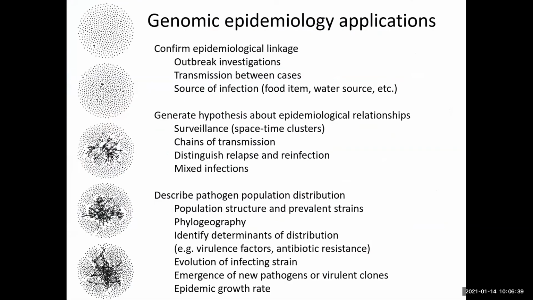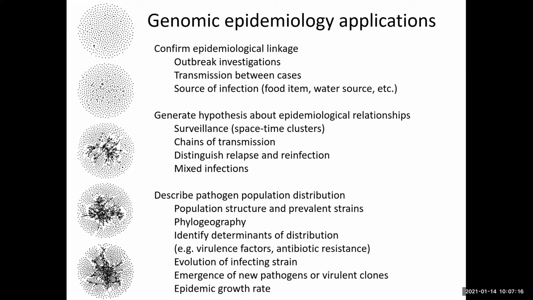Okay, so back to genomic epidemiology. So I think I've said that we now have the technology, okay? We have the analysis tools, the analysis know-how, okay? And we have the computational power to be able to use genomic epidemiology really effectively to understand disease, okay? So on a simple level, casting our mind back to that little picture that I put up, we can confirm epidemiological linkage between strains, okay?